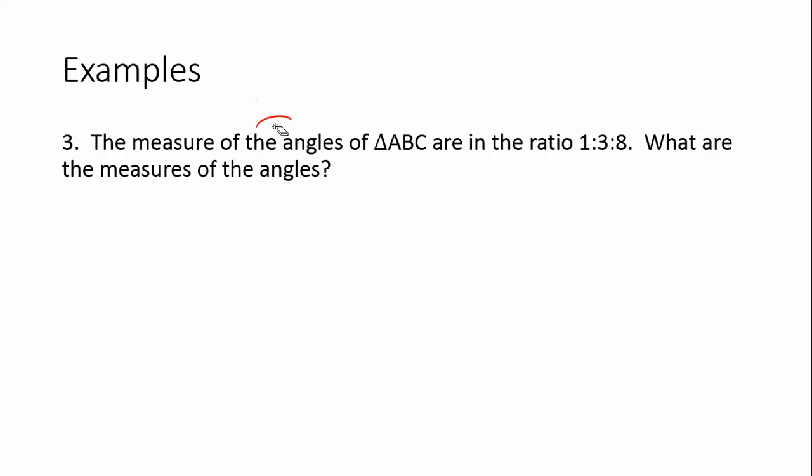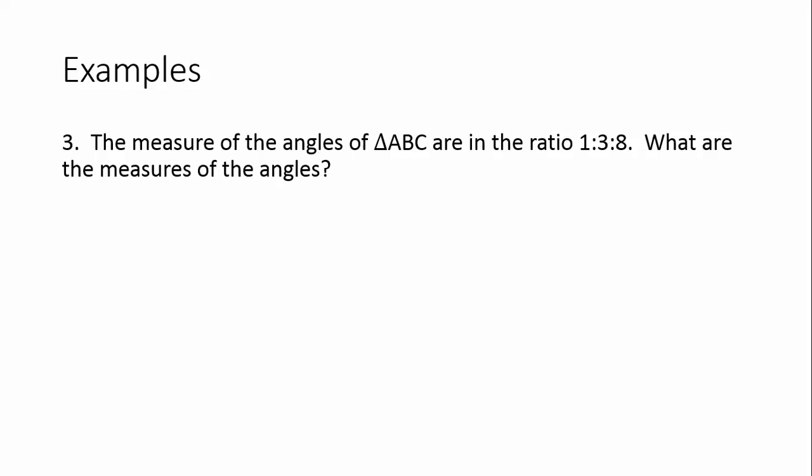Now let's look at an example where we're actually not given any of the angle measures, but we're told what their ratios are. So we have a triangle ABC, and the ratio of the angle measures are 1 to 3 to 8. So for every 1 degree of the first angle, the second angle is 3 degrees, and then the third angle is 8 degrees.